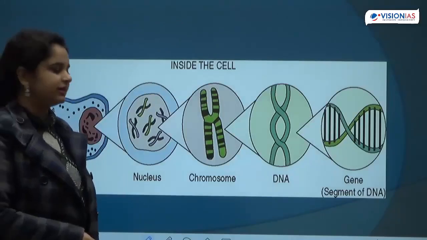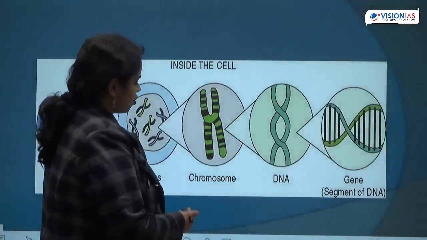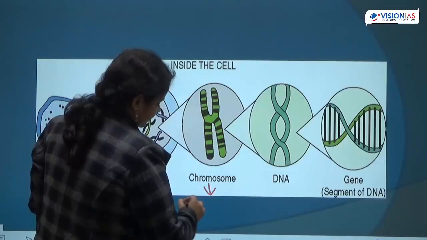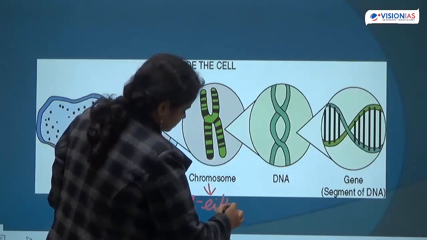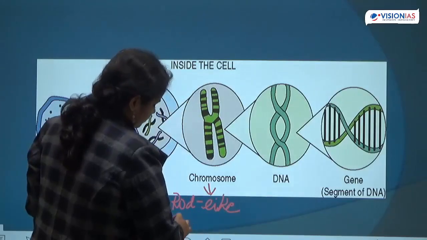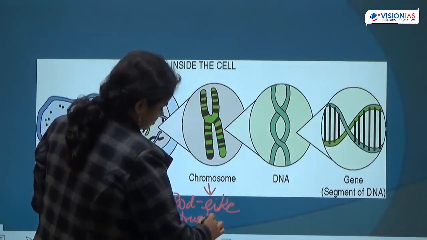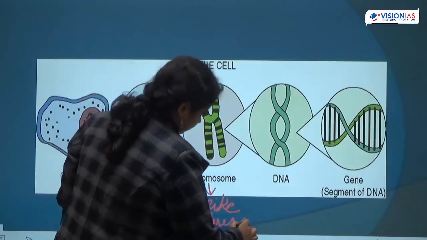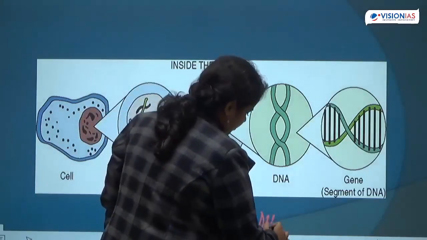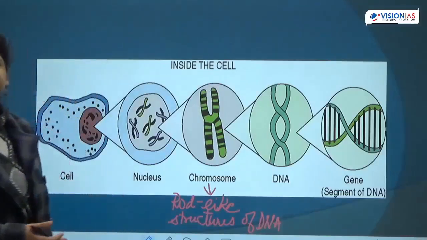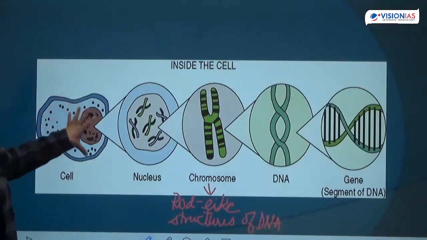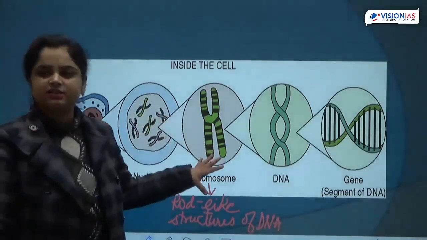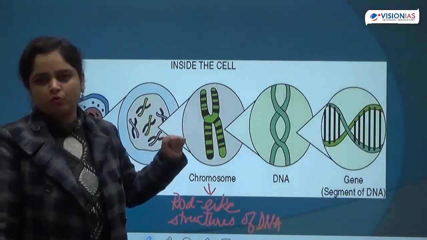And we also studied that this genetic material is organized in the form of rod-like or thread-like structures called chromosomes. If you want, you can write this, but you've already written this when you were studying the nucleus. So inside the cell there is a nucleus, and the nucleus contains your genetic material in the form of chromosomes.